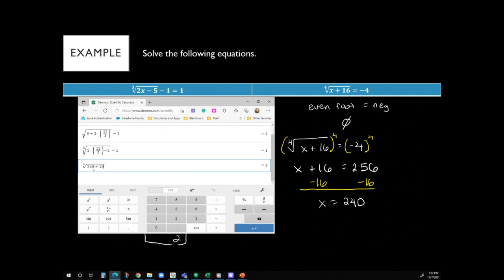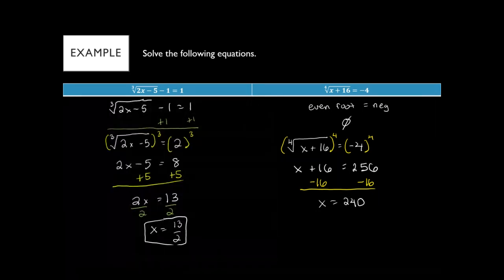This is what's called an extraneous solution. We solved, it gave us an answer, but it doesn't actually work in the original problem. So that's what's called extraneous. So when you check and you take the fourth root of 240 plus 16 and you're checking, does that equal negative 4?